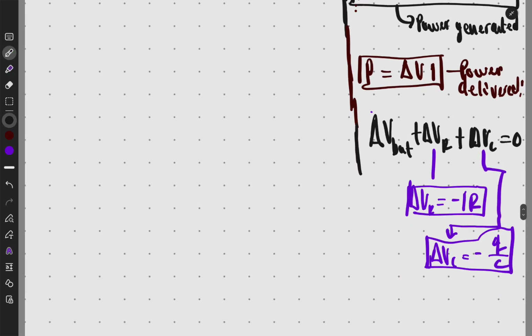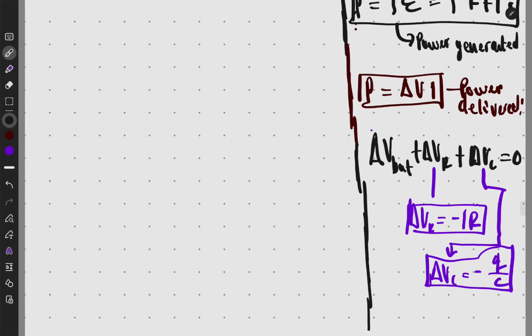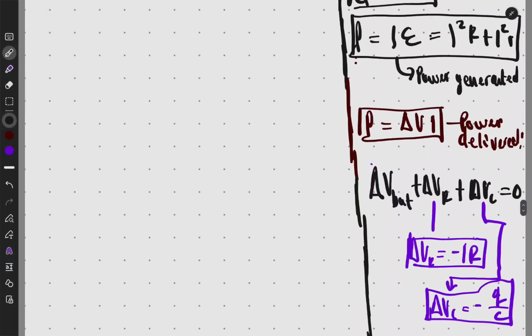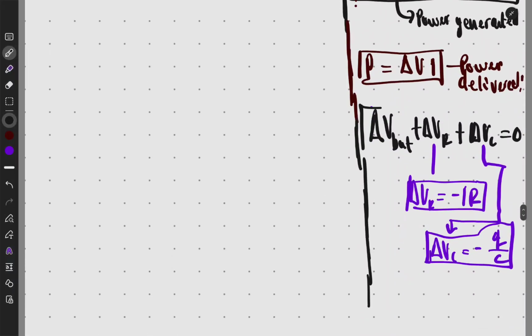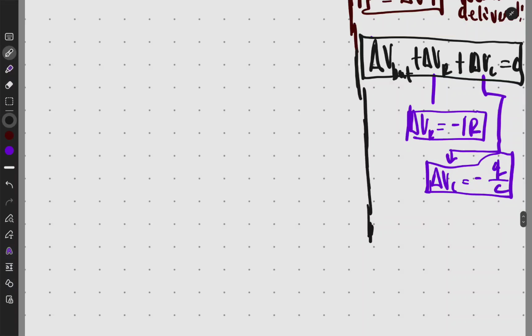Once you have these two for delta VR and delta VC, after your two P's, you do this one, and from this one you get your delta VR and your delta VC. Then you just put the charging and discharging, and you're done. For charging, small q, the charge in the capacitor, is going to be the maximum charge multiplied by 1 minus e to the negative t over tau.